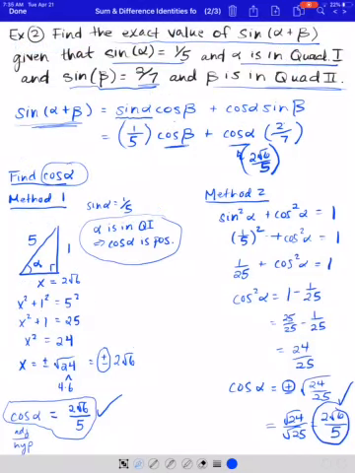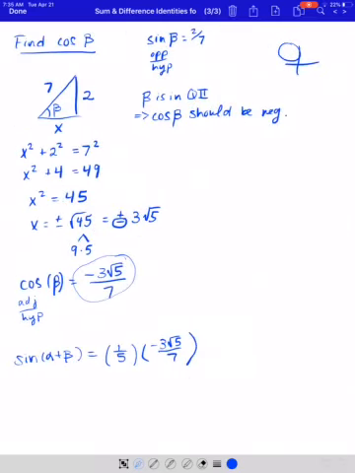We had cosine alpha is 2 root 6 over 5, and sine of beta is 2/7. That was a plus. Plus 2 root 6 over 5 times 2/7.